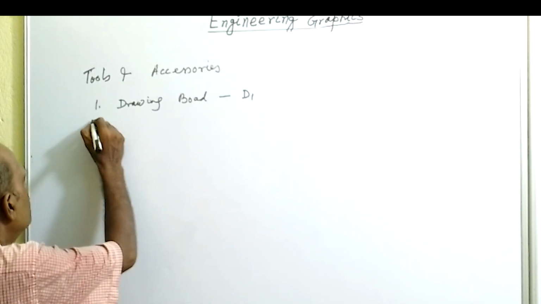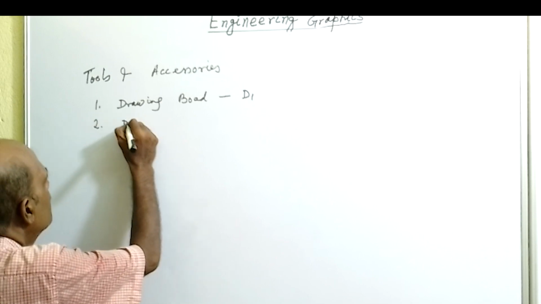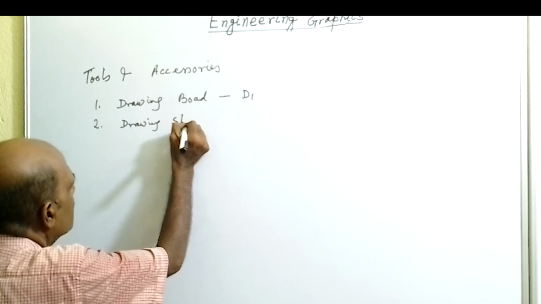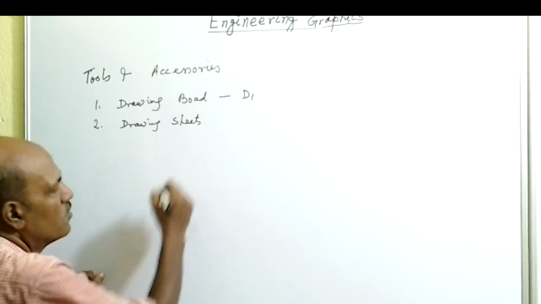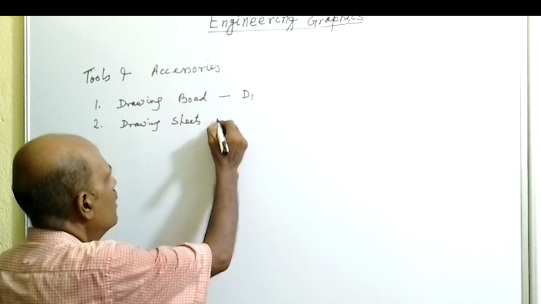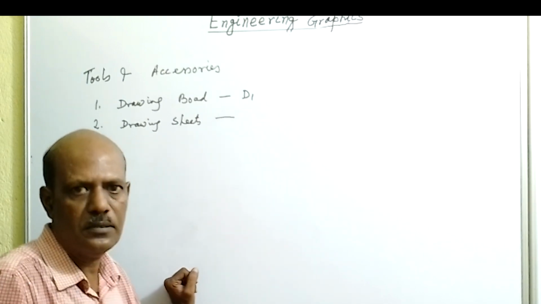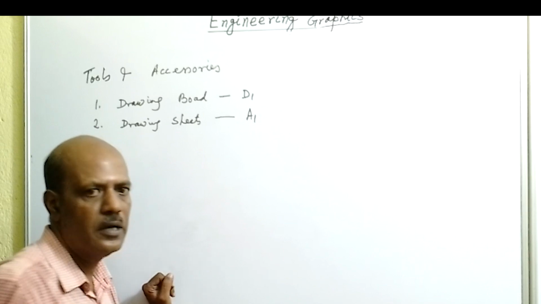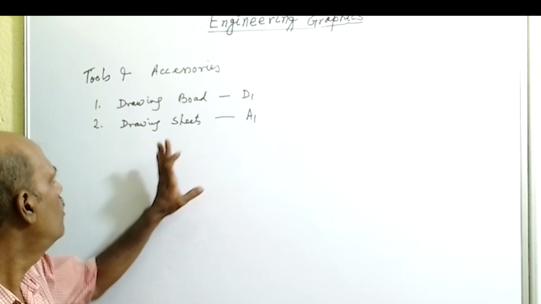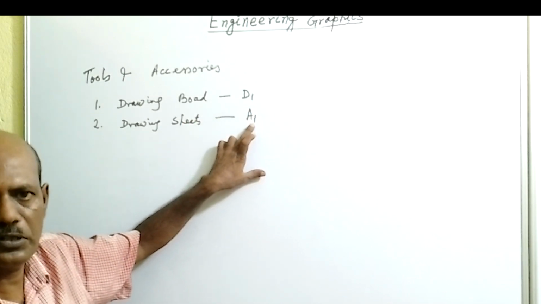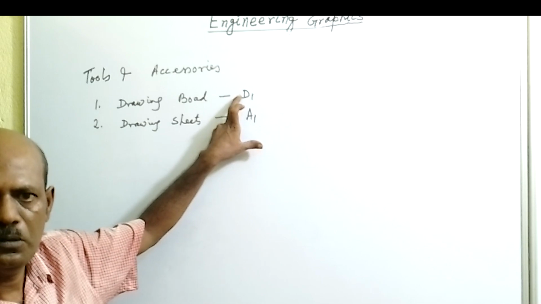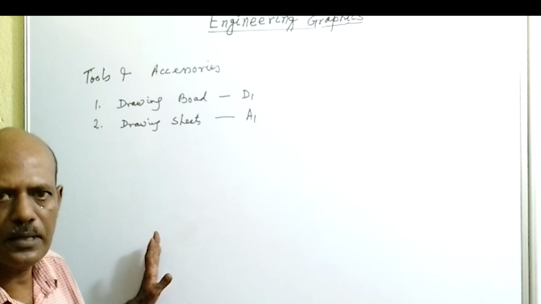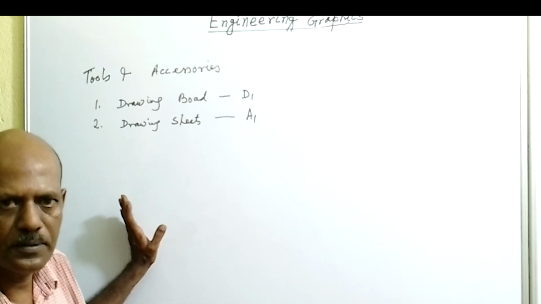Now we require a drawing sheet. There are various standard drawing sheets, and out of which, for school and college use, we will use an A1 drawing sheet. So we will lay out this A1 drawing sheet over the D1 size board, then fix it, and we will start drawing the component.